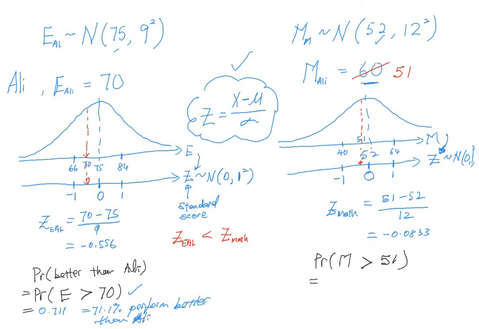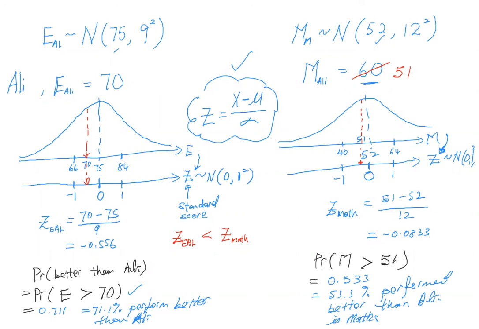Okay. Stephanie, the next one. I got 0.533206. Okay, possible. So that means 53.3% perform better than Ali in math.